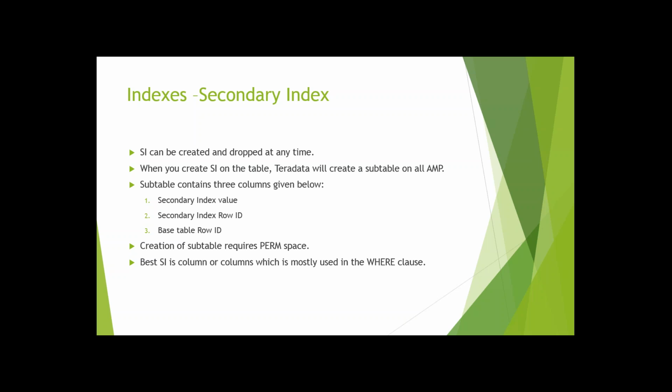Similarly, we take this secondary index row ID and then the base table's row ID. For example, this department number would be hashed, and that's point number 1, the secondary index value. This is a department value, department number. Secondary index row ID is nothing but the department number, what all rows are there. That's what makes a row ID.